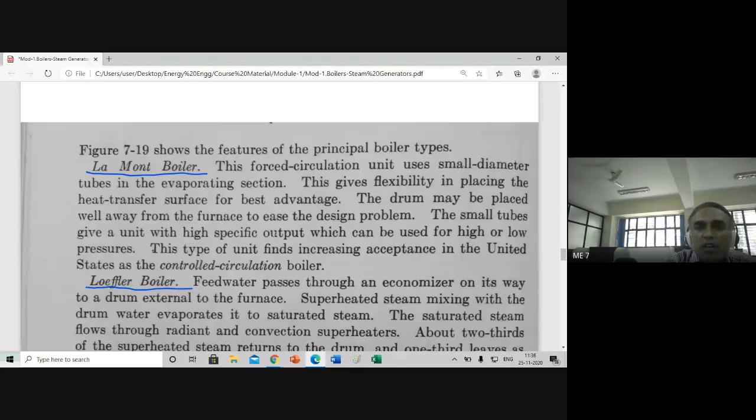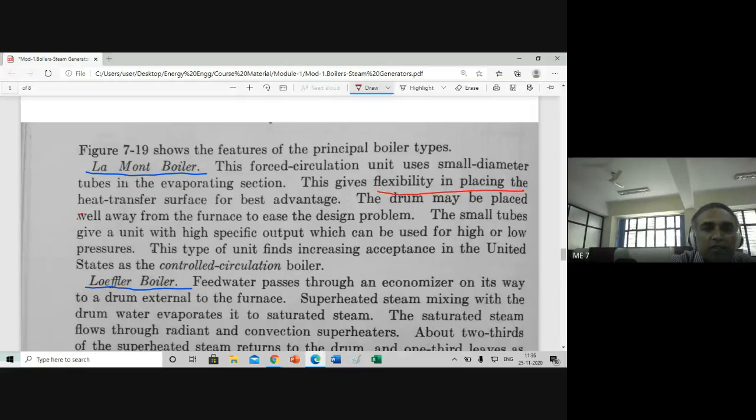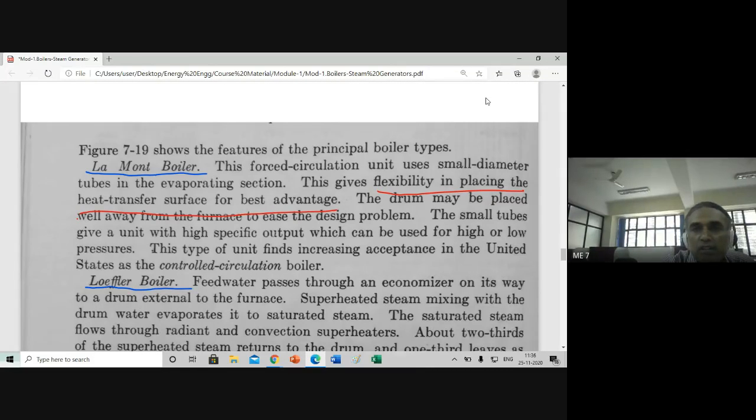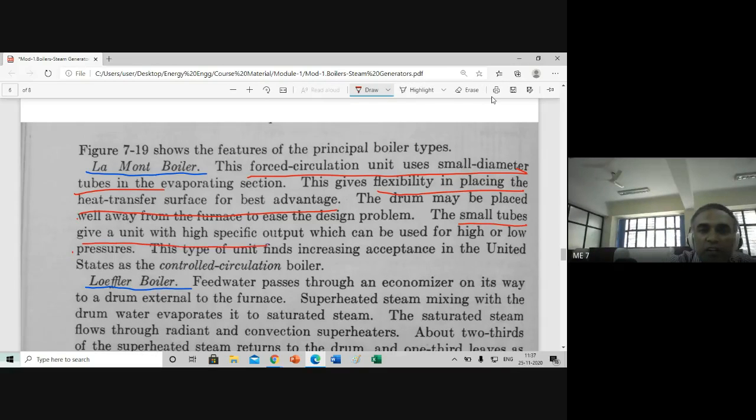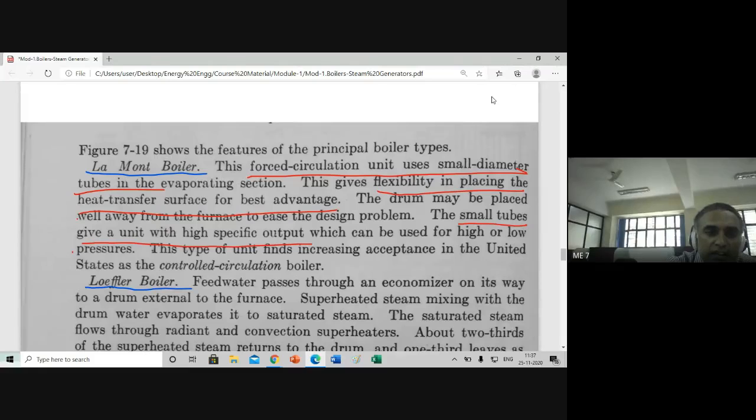So the Lamont boiler: flexibility in placing the heat transfer surface for best advantage. Forced circulation units use small diameter tubes. This is the advantage. Because of the small tubes, it gives a compact unit and high specific output.